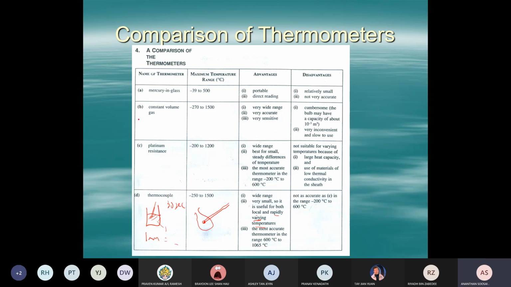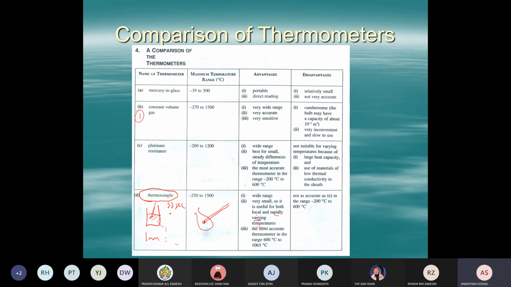The constant volume gas thermometer is ranked number one in accuracy. The thermocouple is quite close, but not as good as constant volume gas. But it's very famous because of its unique way of getting the thermometric property, because you can't read L0 and L100 separately.